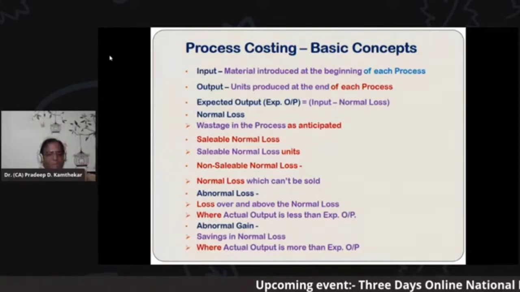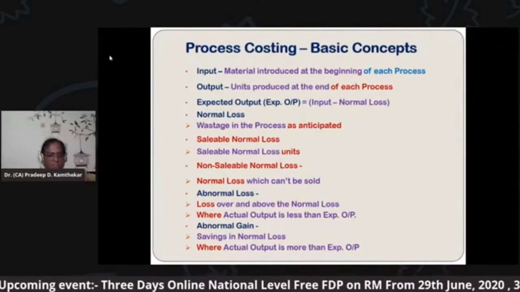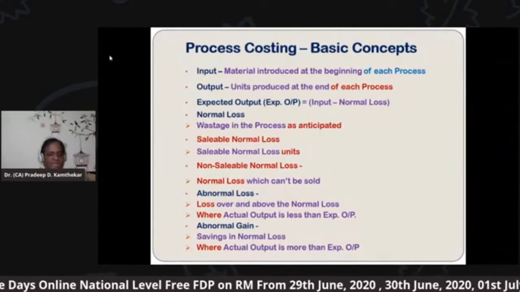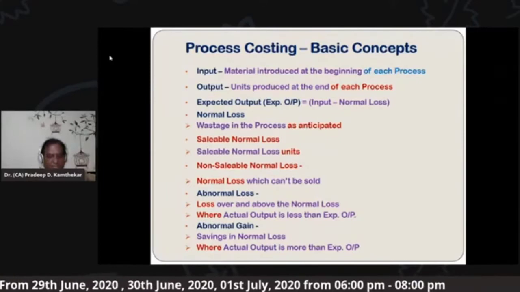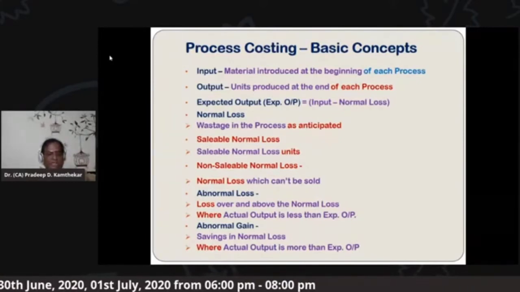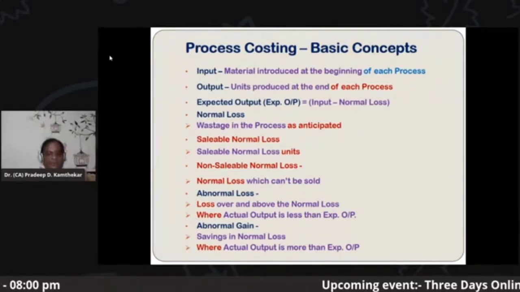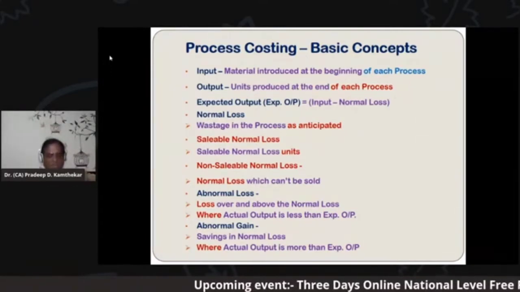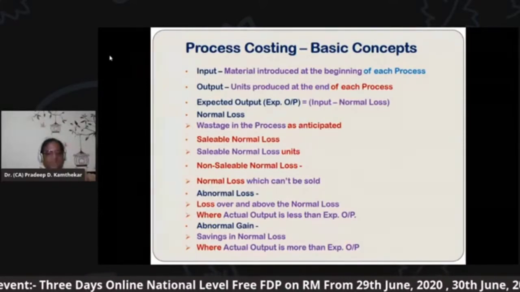Now, what is abnormal loss and abnormal gain then? Abnormal loss is any loss which is more than the normal loss. For example, in any production process, say input is 10,000 units, and we expect that only say 500 units are expected to be lost as normal loss, then 10,000 minus 500 is our expected output. That is 9,500.